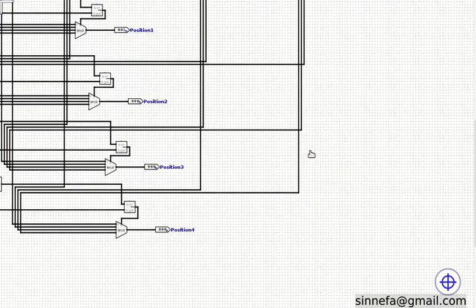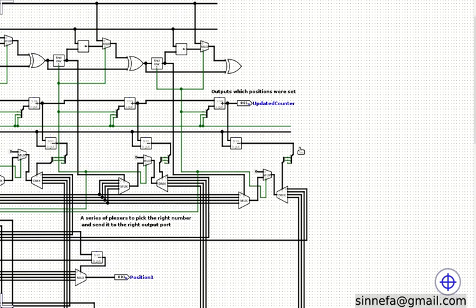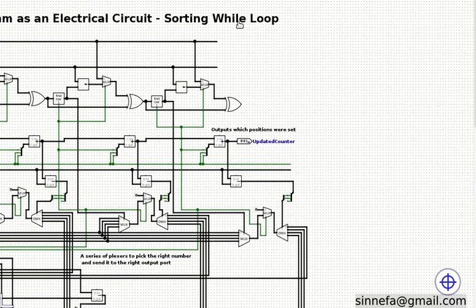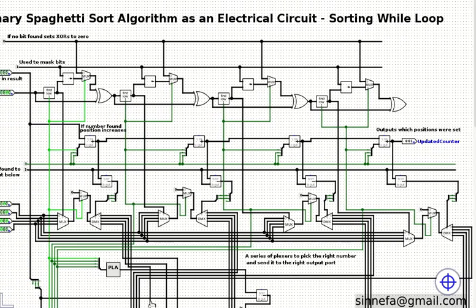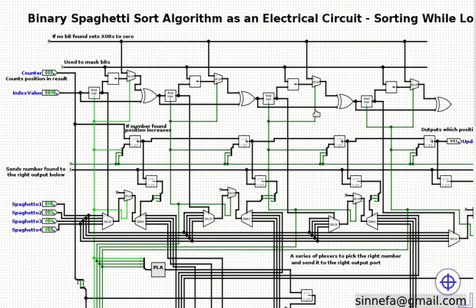In these boxes, we see a circuit that works just like the while loop in the source code, as described in the paper. Here we have a series of XOR gates that take the input value.